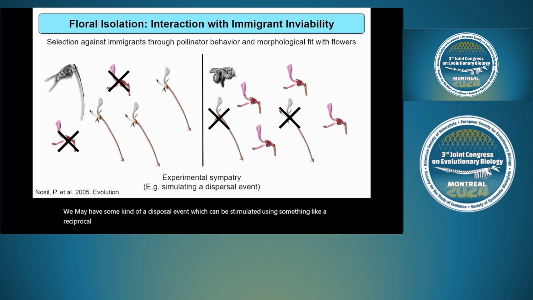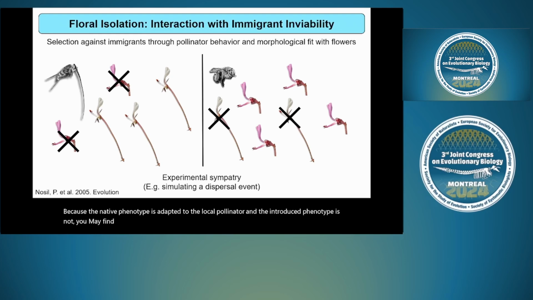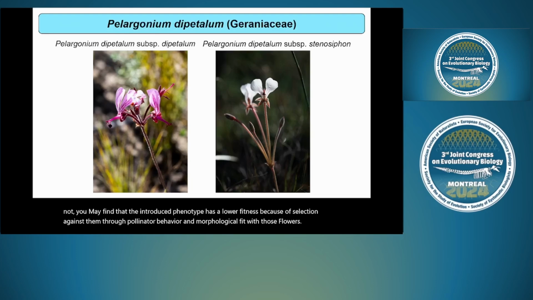And because the native phenotype is adapted to the local pollinator and the introduced phenotype is not, you may find that the introduced phenotype has a lower fitness because of selection against them through pollinator behavior and morphological fit with those flowers.